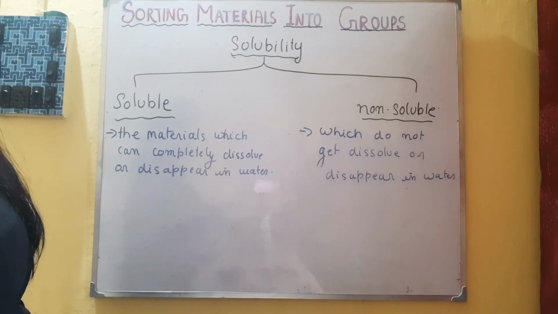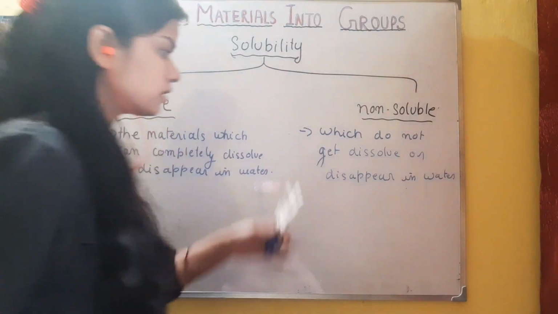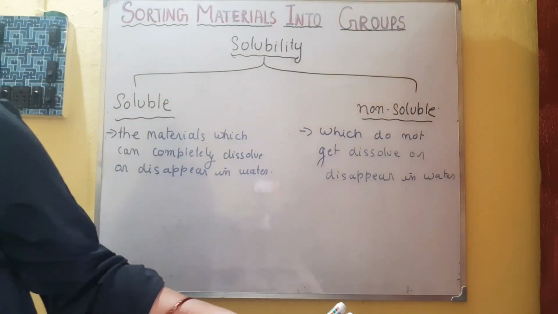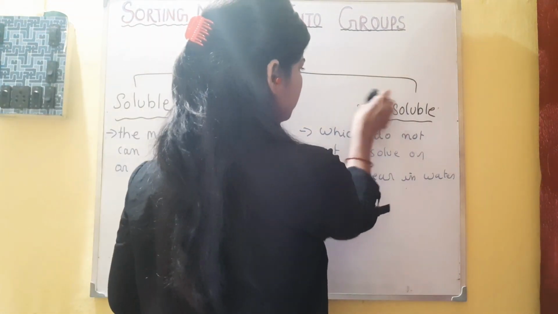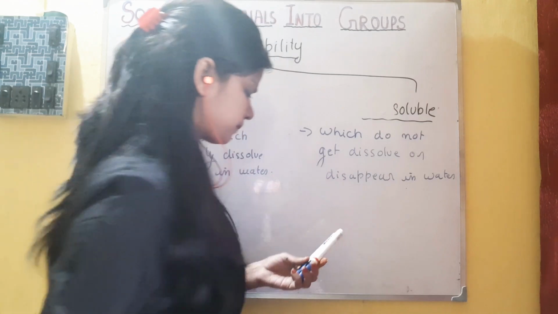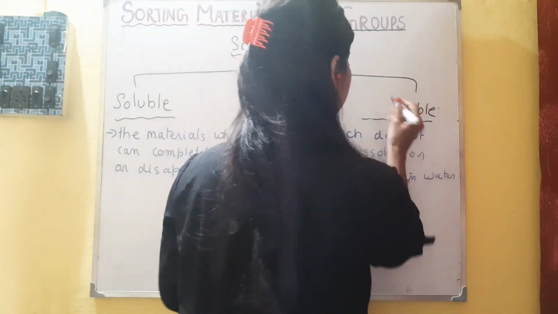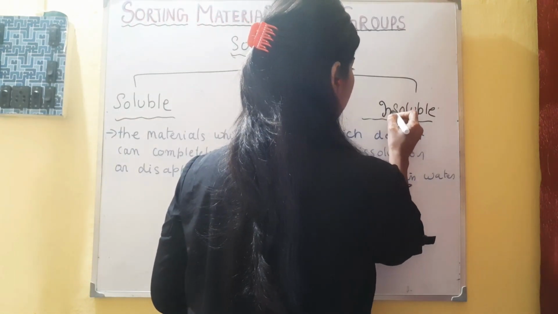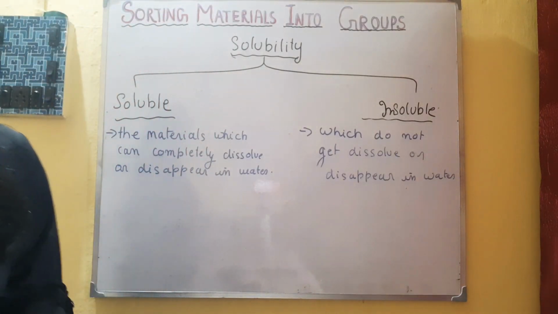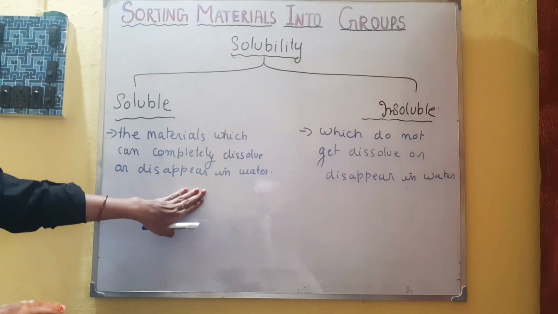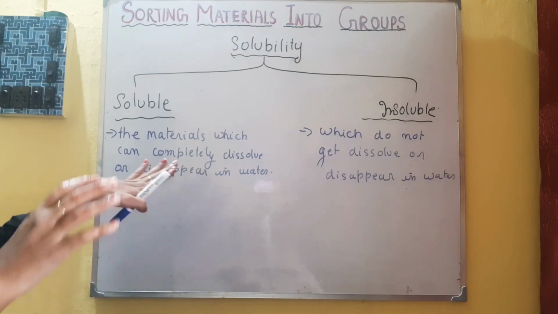So as we see that sand is insoluble or non-soluble, we can use non-soluble as insoluble in water. Okay, whereas the ink in water is soluble.